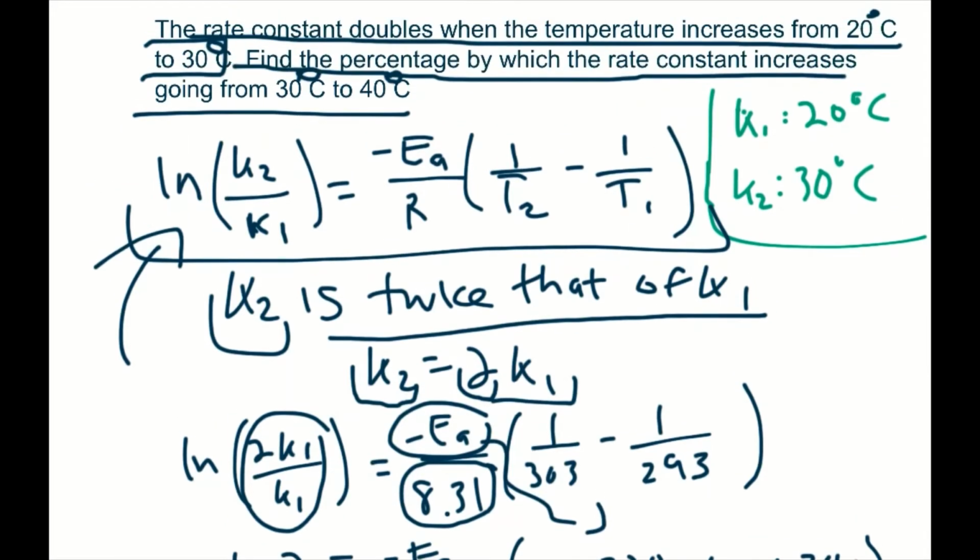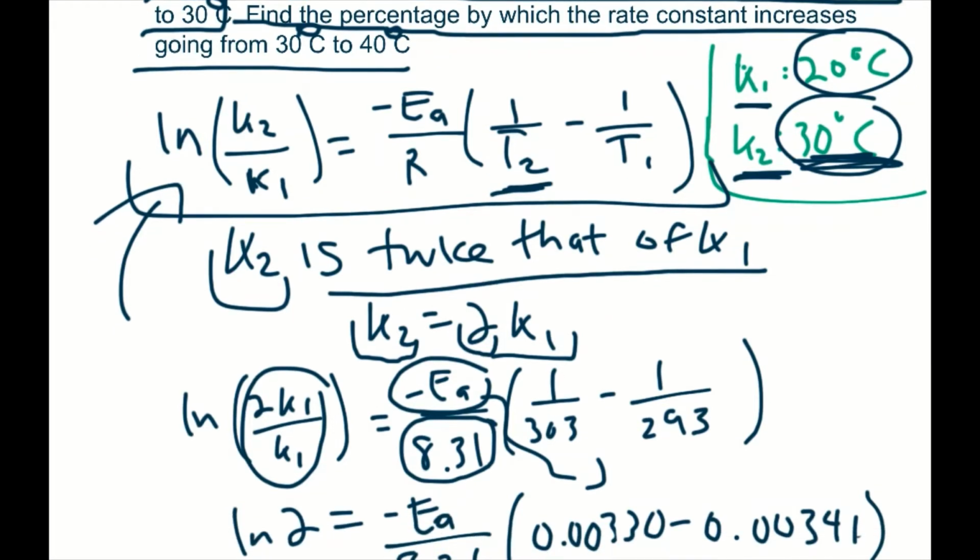Note that the two temperatures are 30 degrees Celsius for K2 and 20 degrees Celsius for K1, so T2 must be 30 degrees Celsius, since that's when it's K2, the condition afterwards. We need it in Kelvin, so we simply add 273. So 30 plus 273 is 303. Now we have to subtract 1 over T1, and T1 is going to be 293 Kelvin.